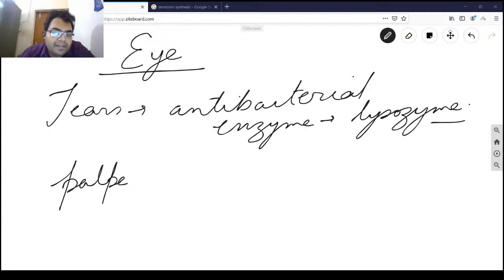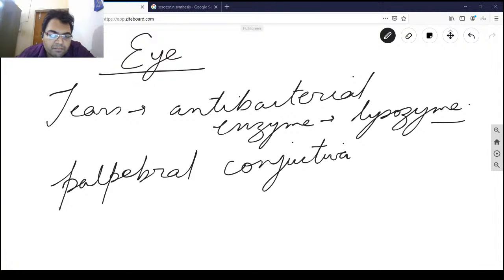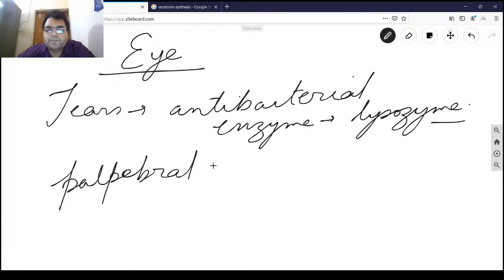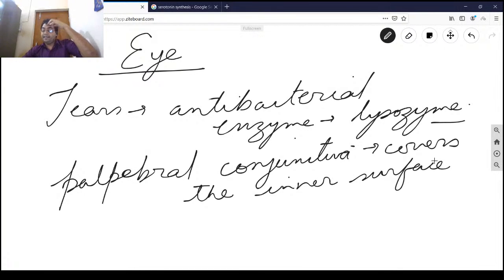Palpebral conjunctiva covers the inner surface of the eyelid, meaning the back surface of the eyelid here.